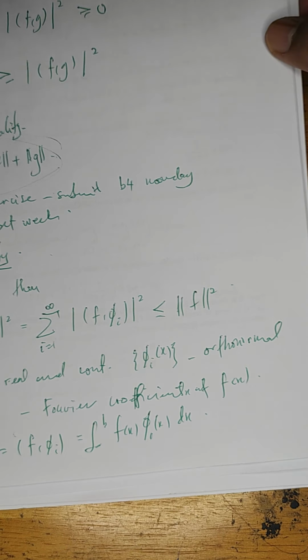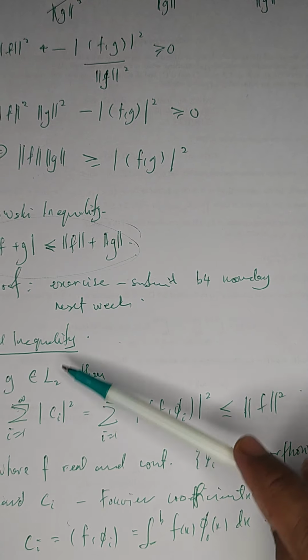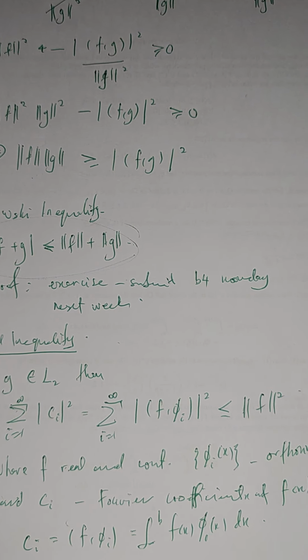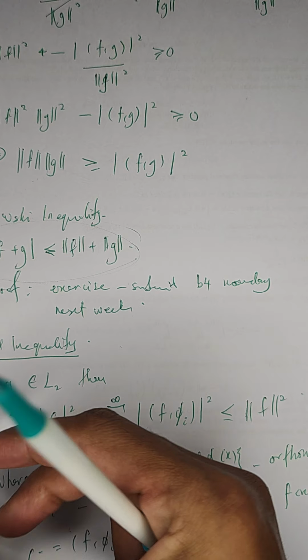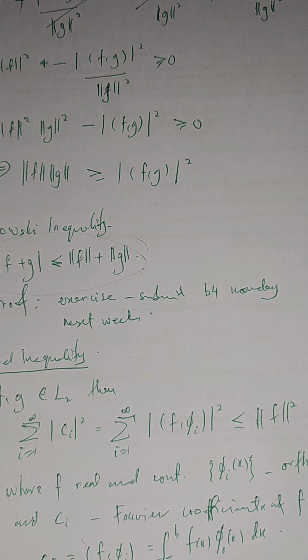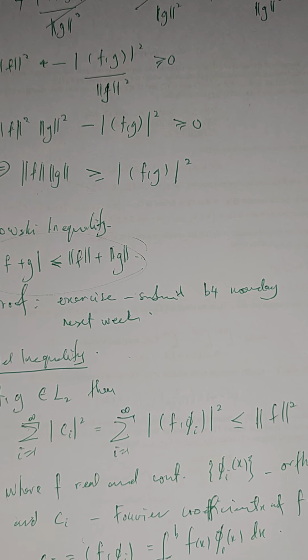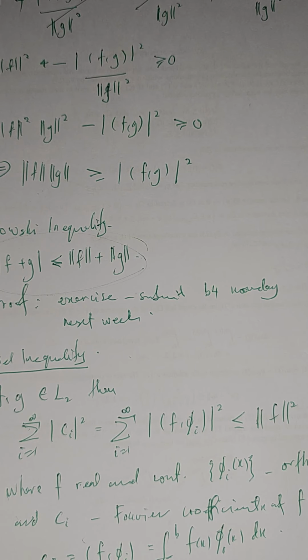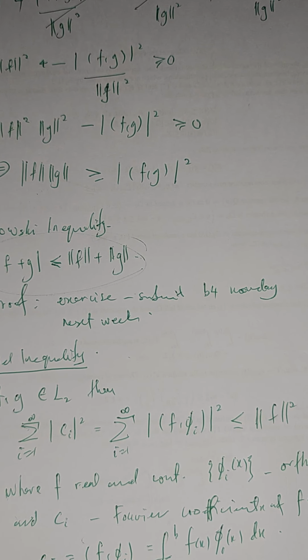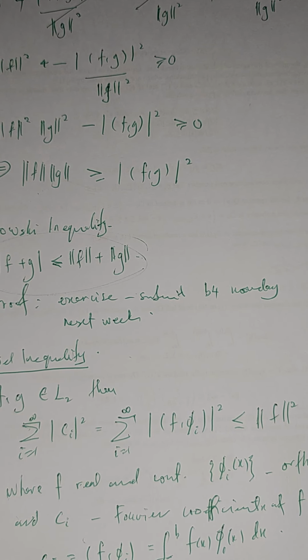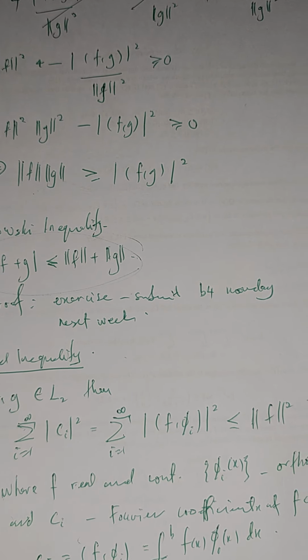Okay, so with the Bessel inequality, we have three. Basically, I've shown you the Cauchy-Schwarz inequality, the Minkowski inequality, and the Bessel inequality. For the Minkowski inequality, I leave it to you as an exercise to prove. For the Bessel inequality, the proof is given in the notes; I don't want to give it here.